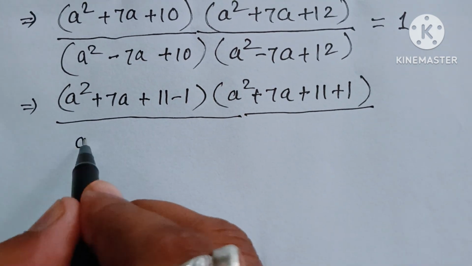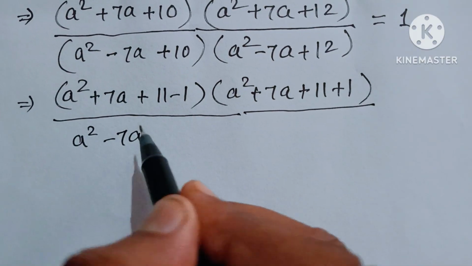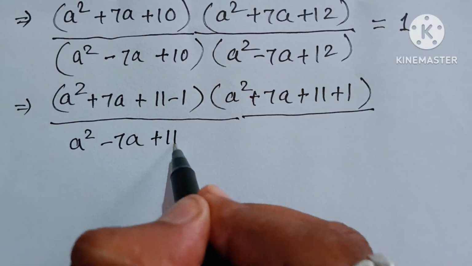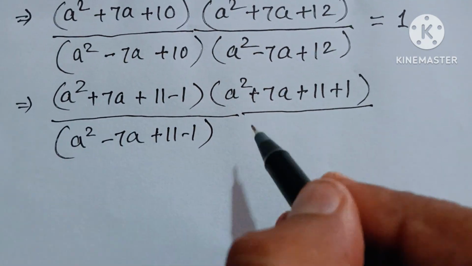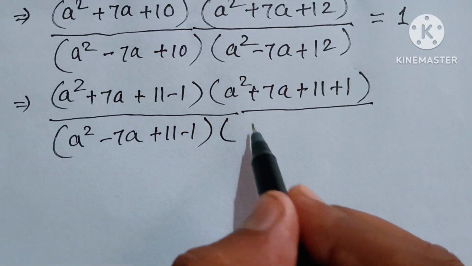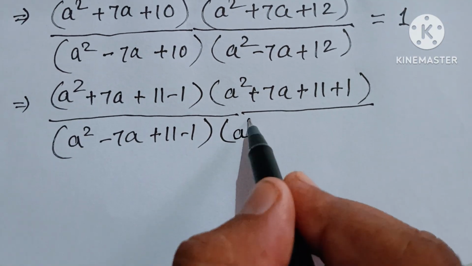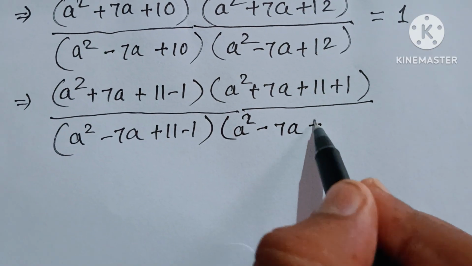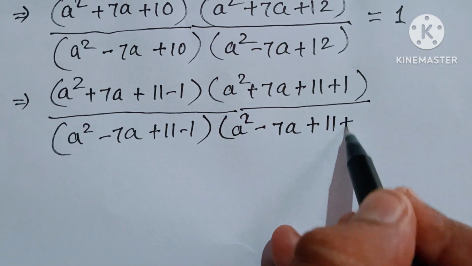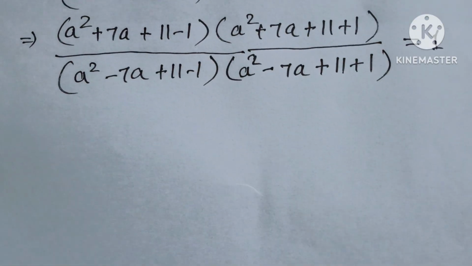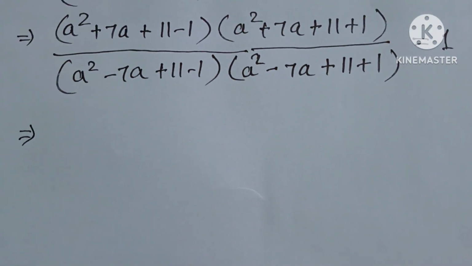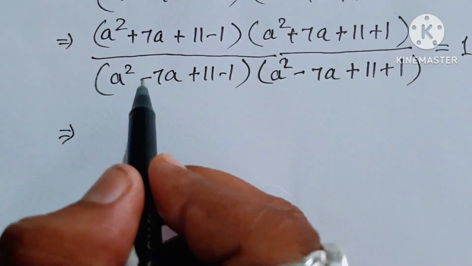Then a square minus 7a, 10 we can write 11 minus 1. Then here a square minus 7a plus 11 plus 1. Now here we have to do adjustment.